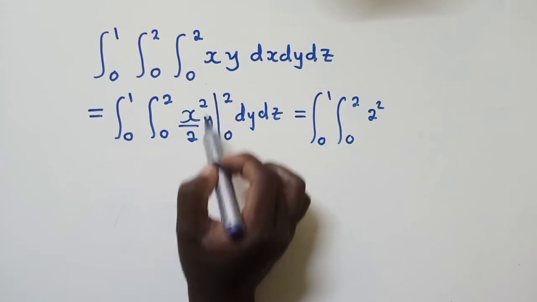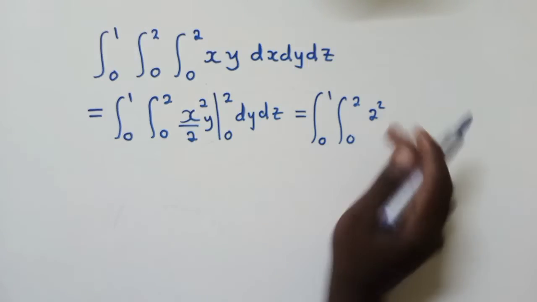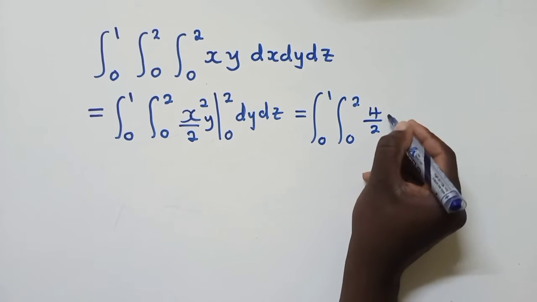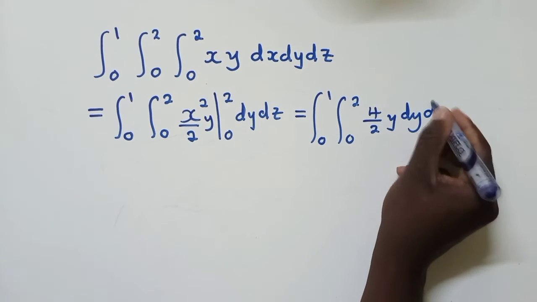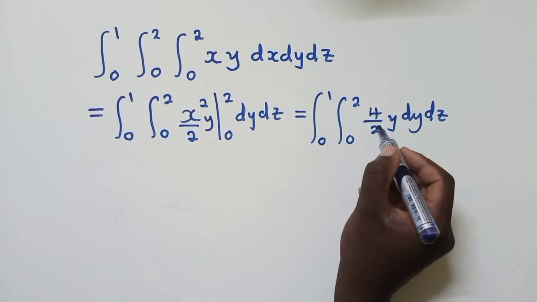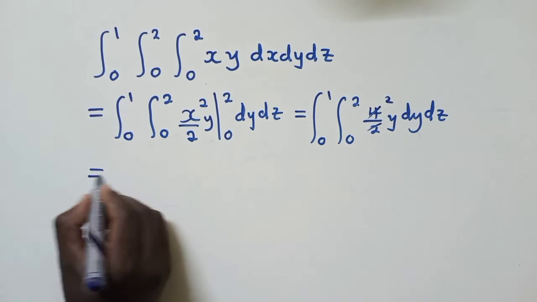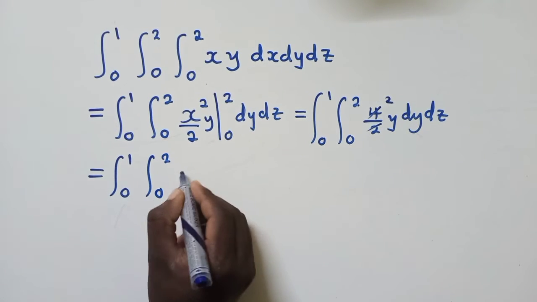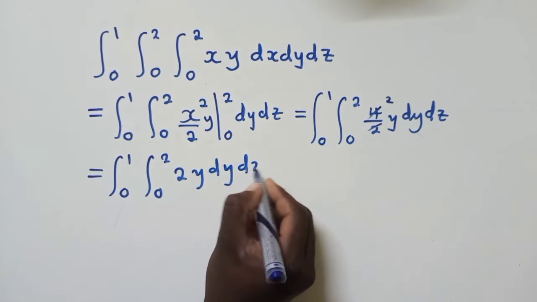We don't need to do anything to this y, we just write it here and put a 2 here. 2 squared will be 4, so here it will be 4 over 2 and a y there. Okay, so we have dy dz. So 2 into 4 is a 2. So we have the integral from 0 to 1, 0 to 2 of 2y dy dz.